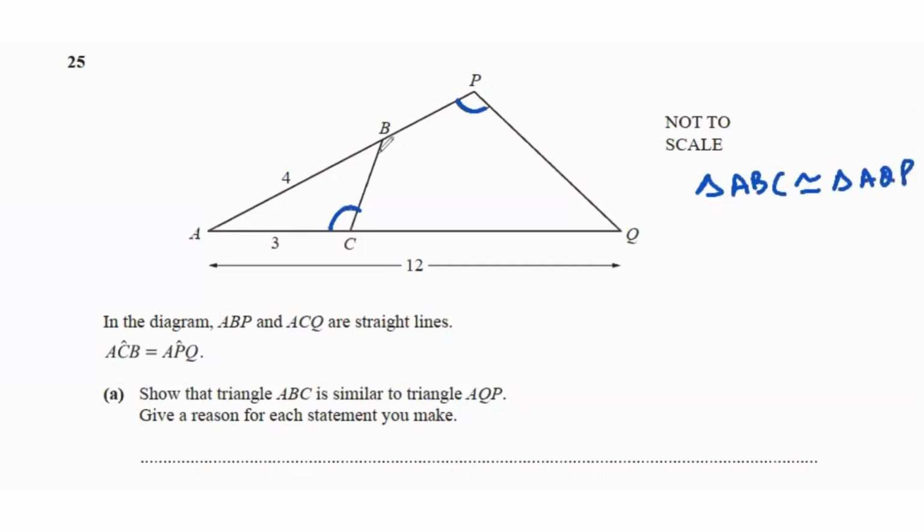So we have to show that AB is the same as AQ. So I'm just going to highlight the entire thing. And we can say PQ is the same as CB.